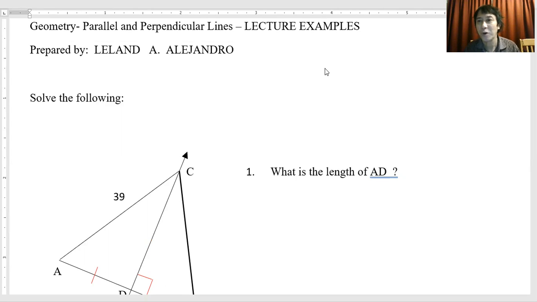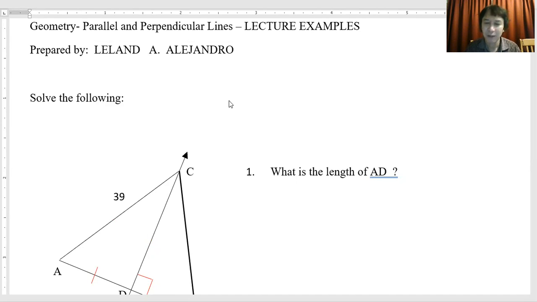Now, what we're going to have here is more on perpendicular lines. The other part has been discussed already under parallel lines, but this will be the continuation, which contains more of the perpendiculars. All right, let us start with the first number.